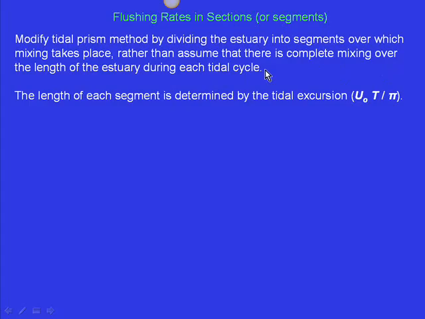So we can assume that in those segments, which might be as long as a tidal excursion, you're going to have full mixing. So the length of each segment could be determined again by the tidal excursion. That's how you determine the tidal excursion. What do you think each one of these variables represents? We're talking about tidal excursion.